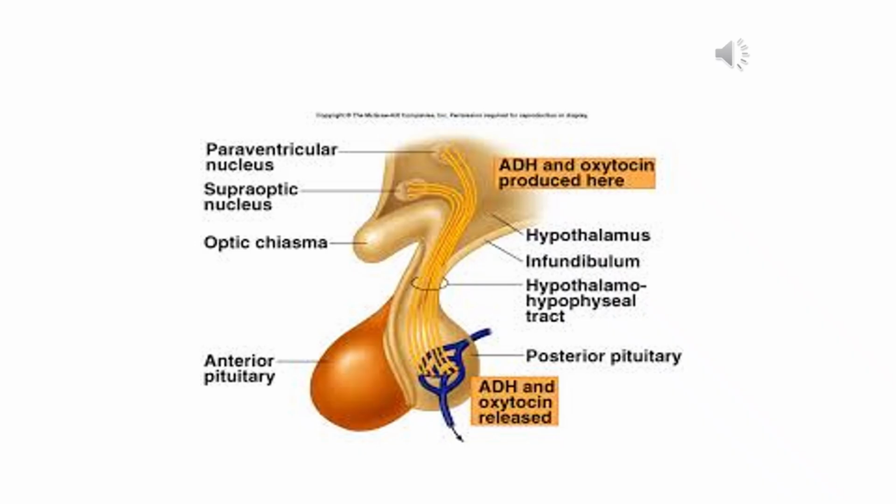Embryologically, the little outgrowth of the hypothalamus that becomes the posterior pituitary is called the neurohypophyseal bud. Later, we simply call it the neurohypophysis.